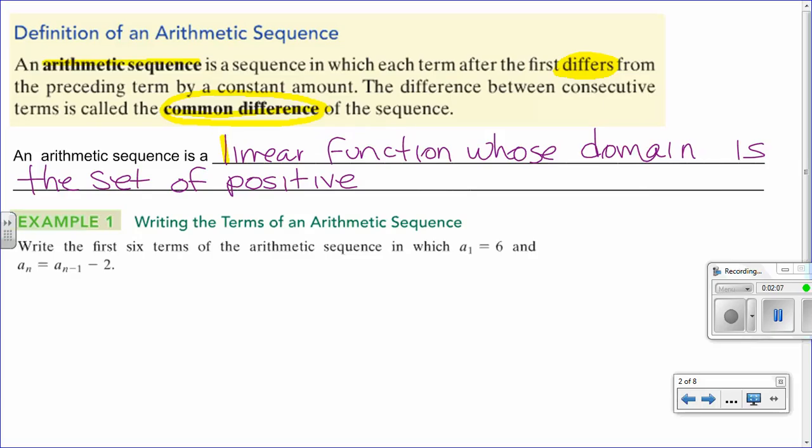Numbers that you can count with your fingers. What is it? Integers. That's why we use the subscript, right? A sub 1, A sub 2, A sub 3. So the little subscript tells you the domain, which is the set of positive integers.